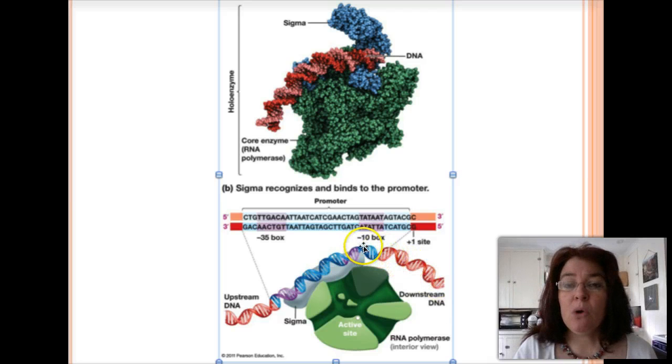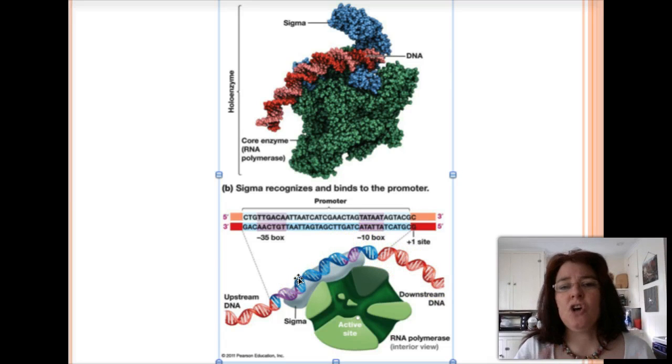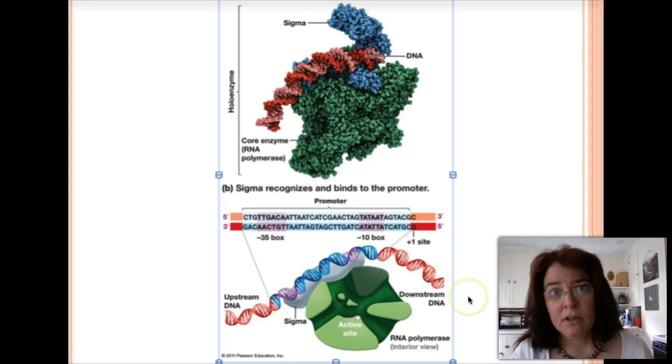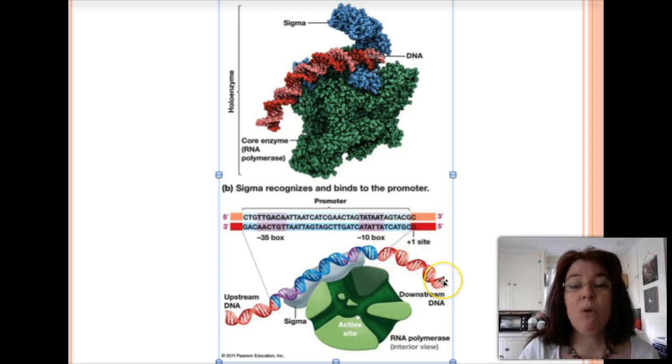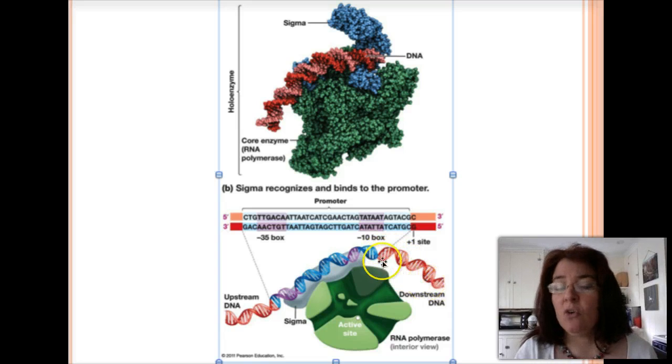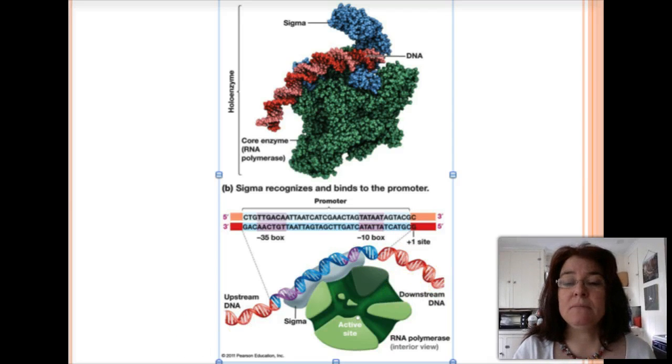Okay, so the promoter is almost like a docking station. The promoter is the place where sigma is going to bring the core in so that it's placed in a position where it can then move forward and transcribe the important DNA at that moment. The DNA that contains the genes that code for protein that the cell has an immediate need for.